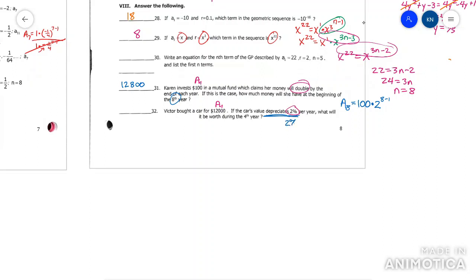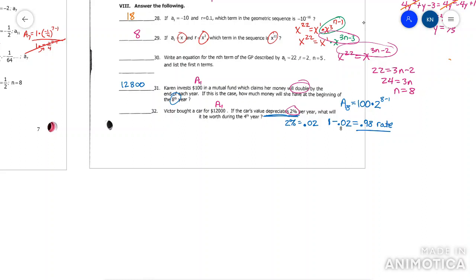2% is 0.02 as a decimal. So if it's going down by 0.02, you started at 100%, aka 1. You are losing, so minus 2%, aka 0.02 every year. 0.98 is your rate. I hope that made sense.